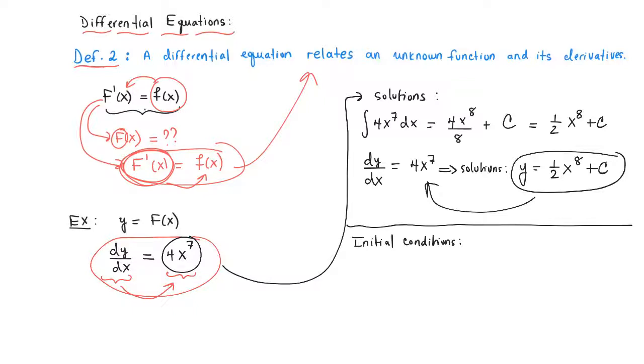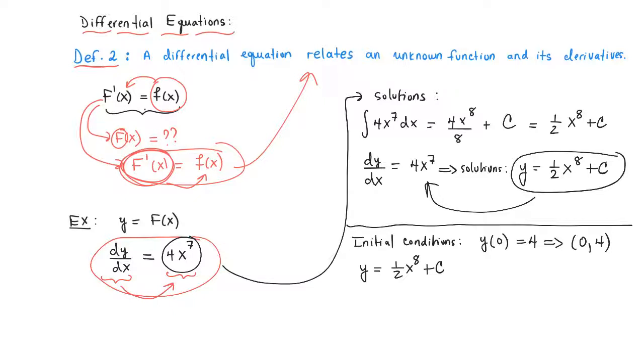Let's say that we tell you y of 0 is equal to 4. That means what you want is the particular antiderivative that passes through the point (0, 4). Right now, you have the general antiderivative, all the infinitely many possible solutions.